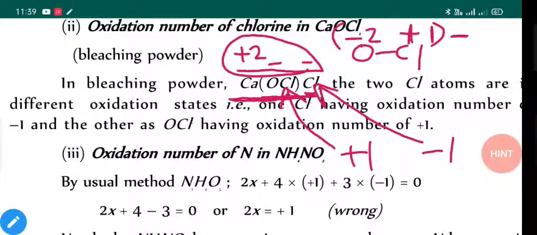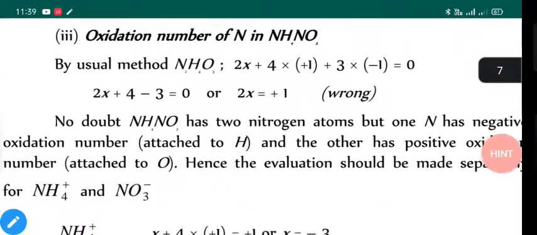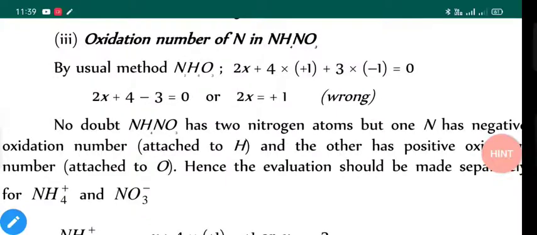have -1 charge. Then we have the third example, nitrogen in NH4NO3. We have two different nitrogens in this case. And from our regular calculation, the oxidation state of nitrogen will be as mentioned. Now there is one mistake here. We have two nitrogens here, N2H4O3. We have 2 nitrogen, 4 hydrogen, 3 oxygens. So for 2 nitrogen we have 2x.